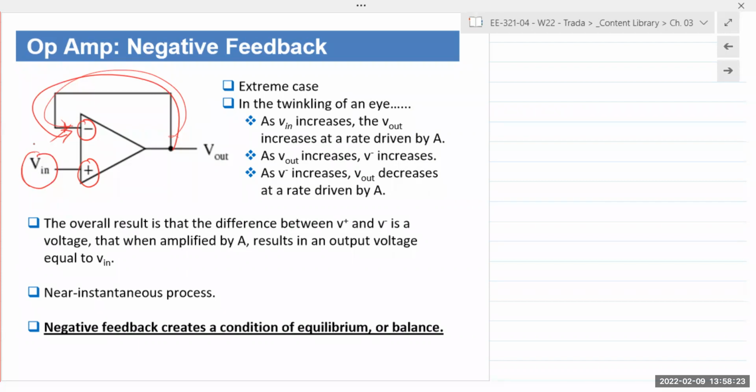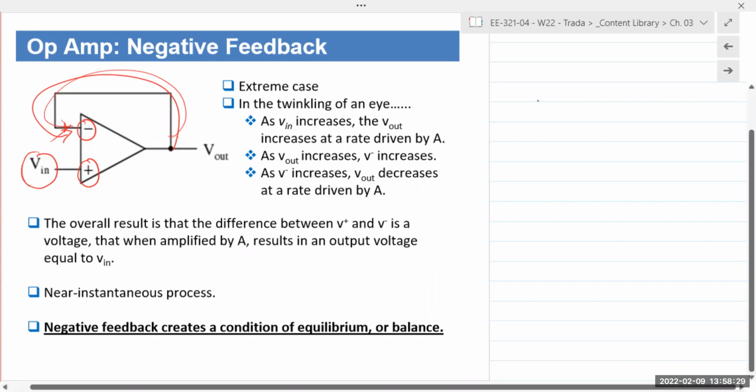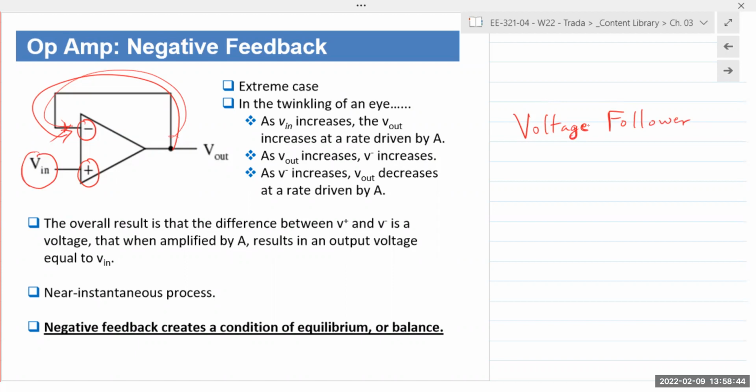So this circuit is also known as, we all looked at it in the lab, voltage follower. I think that was one of the pre-lab questions, right? Voltage follower. This kind of circuit is especially useful when you want to isolate the output from the input.